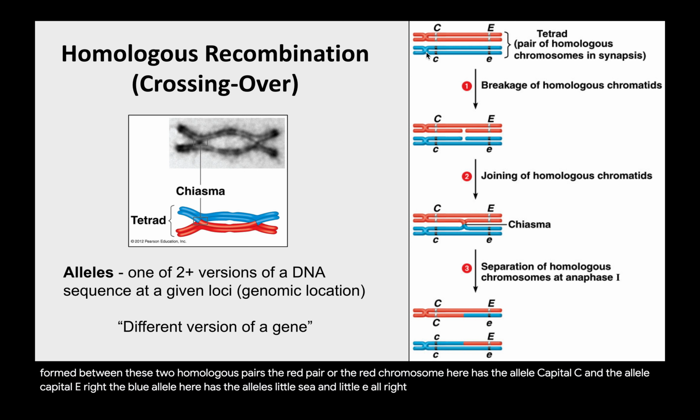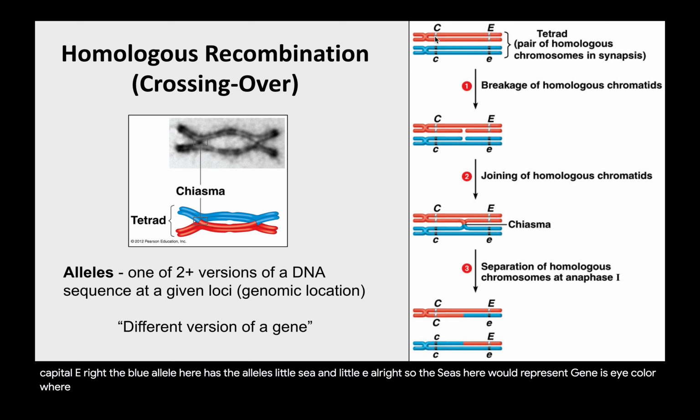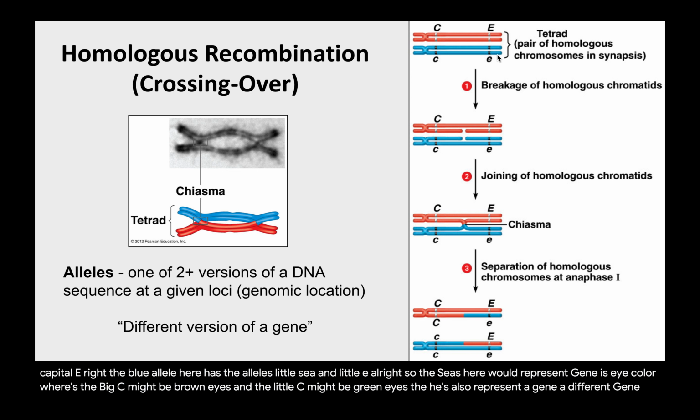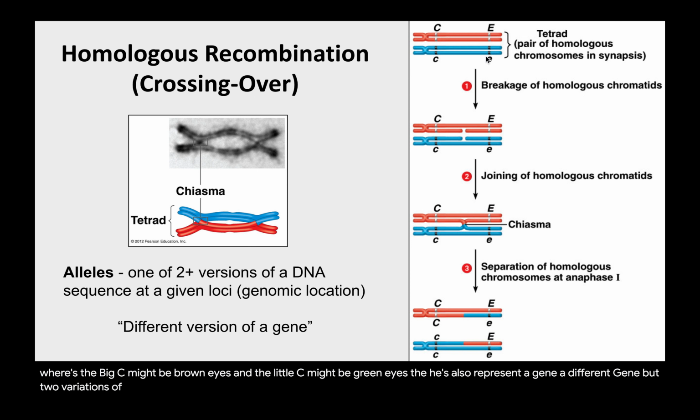So the C's here would represent a gene, and maybe this gene is eye color, whereas the big C might be brown eyes and the little c might be green eyes. The E's also represent a different gene, with two variations. So maybe this gene is hair color, brown hair versus blonde hair.